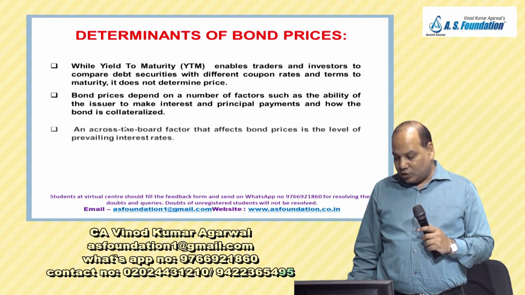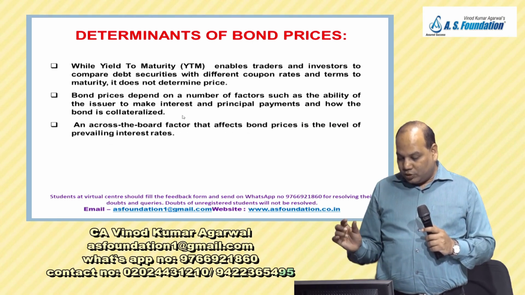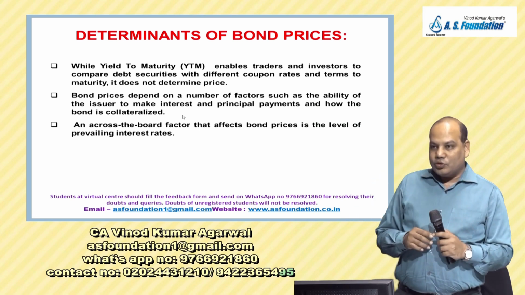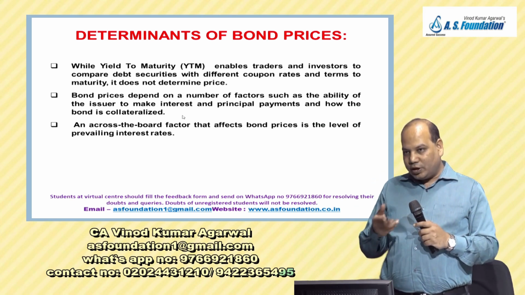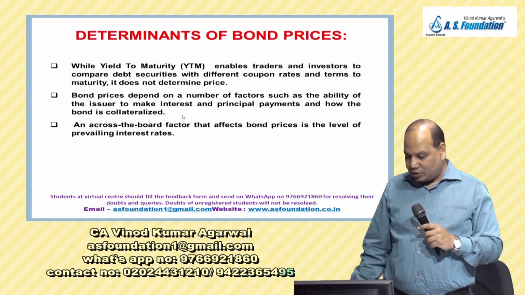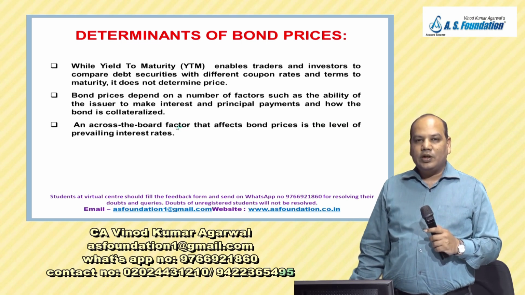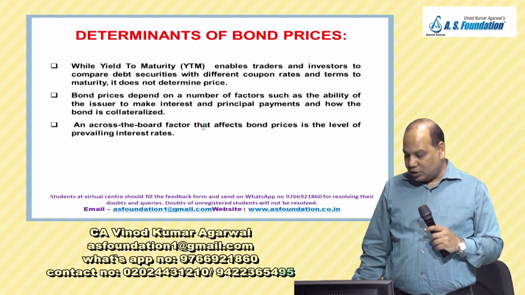That means risk involved. It will depend on the credit rating of the company, because if credit rating is good, discount rate will be low. If credit rating is poor, discount rate will be high. Several factors may be considered while deciding what will be the appropriate discount rate.